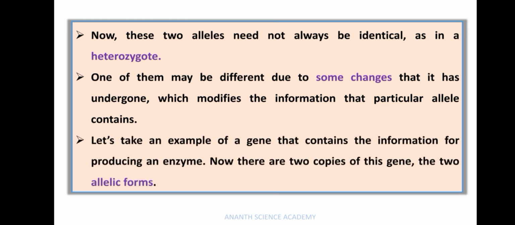Let's take an example of a gene that contains the information for producing an enzyme. Now, there are two copies of this gene, the two allelic forms.